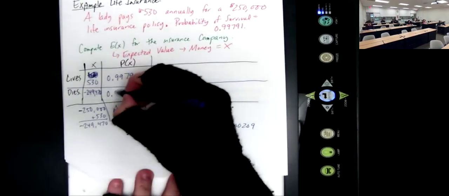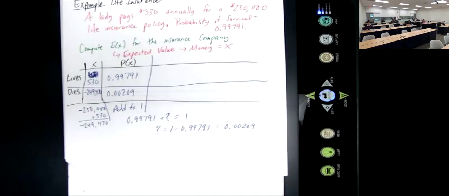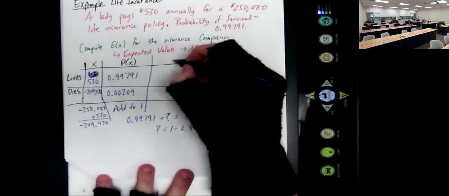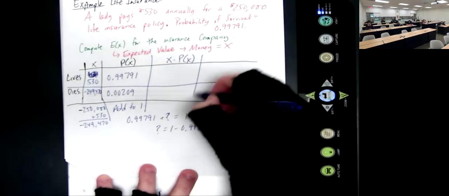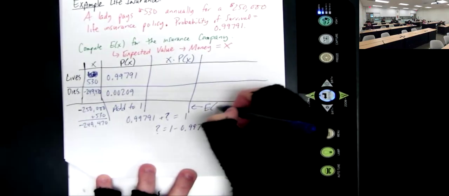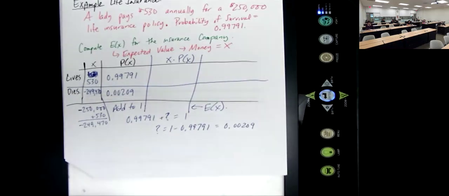That goes there. So we need x times p of x, and when we add them up, that will be the expected value. So 530 times 0.99791.